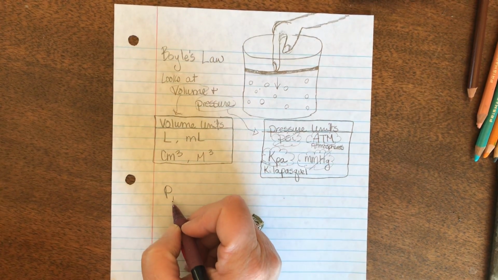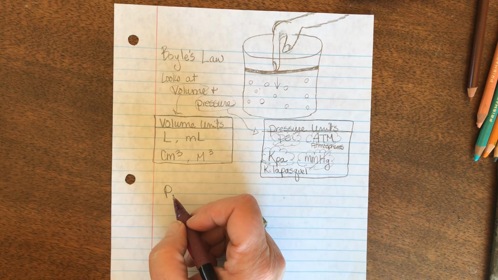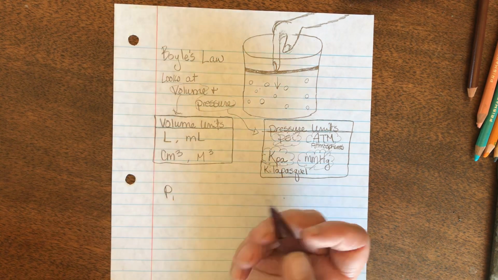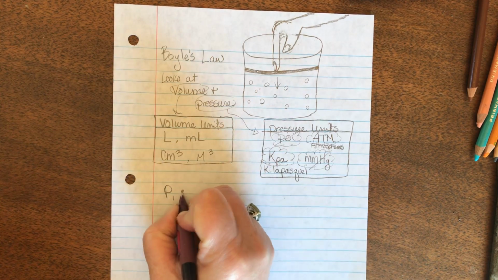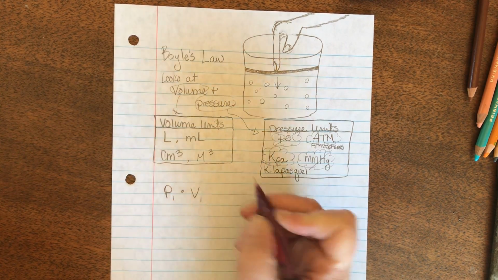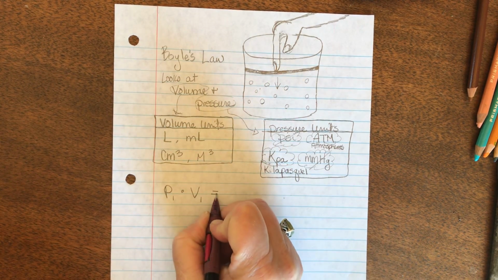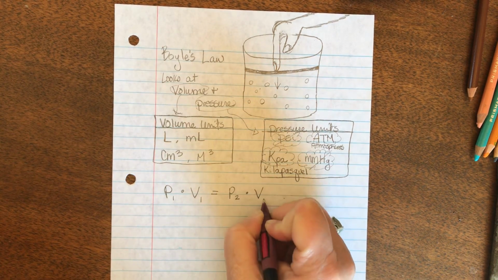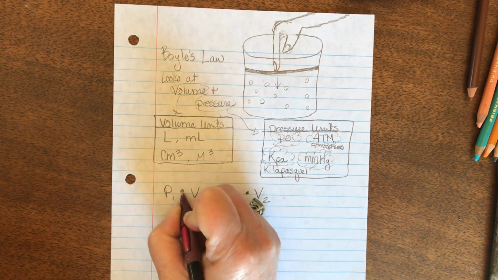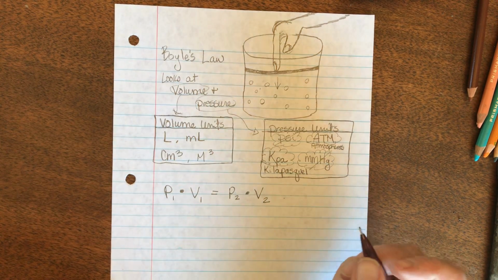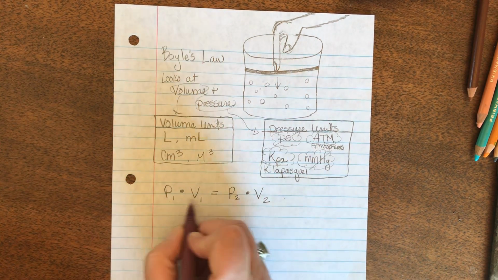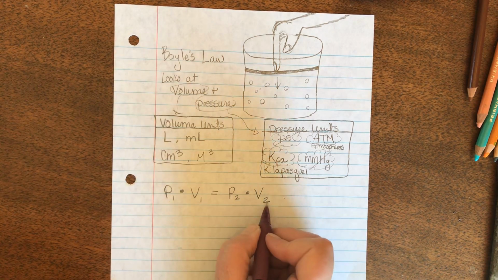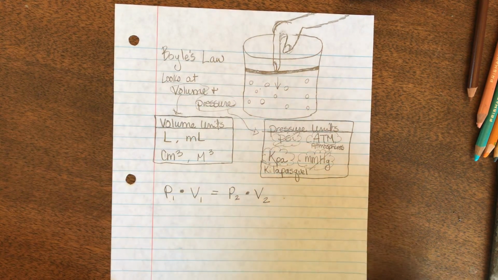Pressure 1 is going to represent the pressure before we did something to it, and pressure 2 is going to identify the pressure after we did something. So we have pressure 1 and volume 1 is equal to pressure 2 and volume 2. And I'm putting these little dots in to represent multiplication. So pressure and volume in the first set of conditions is going to be equal to the pressure and volume in the second set of conditions.